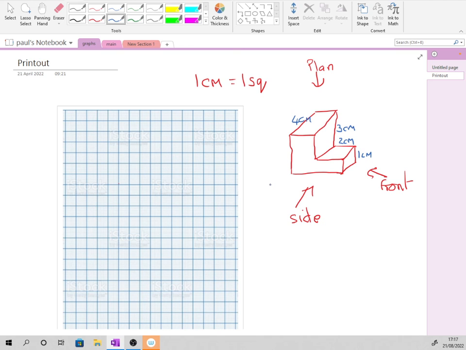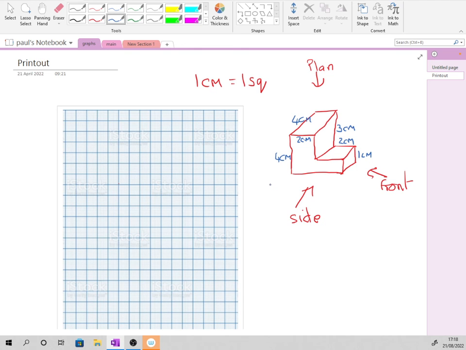So when we do the plan, we need 2 centimetres there, and another measurement there. All of the ones going horizontally are 4 centimetres. Do we know the height? Yes, we can work out the height. 3 plus 1 makes that equal to 4.